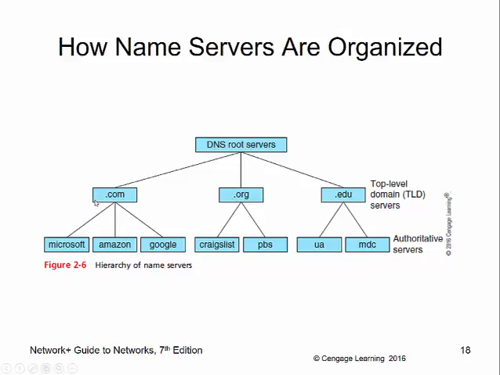Then the .com DNS servers maintain the records, the host name and IP address records, for all the .com websites, like Amazon, Google, whatever. There's another DNS server for .edu that holds all the address information for websites that are educational, and so forth. And then finally, the authoritative DNS servers are actually owned by those companies or those organizations.